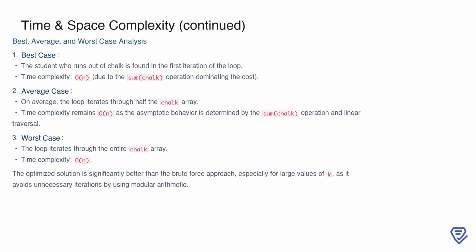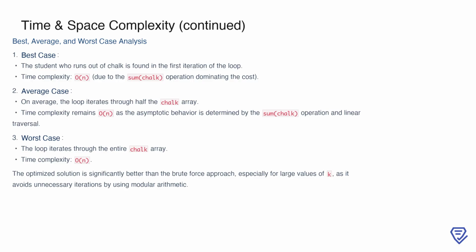Finally, let's analyze the best, average, and worst-case scenarios for this solution. In the best case, the student who runs out of chalk is identified during the very first iteration of the loop. However, the computation of total_chalk still dominates, so the time complexity remains O(n).